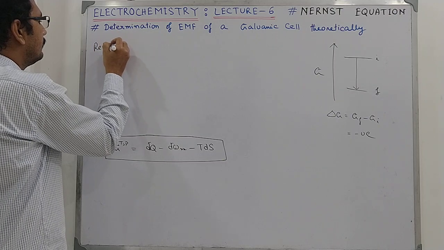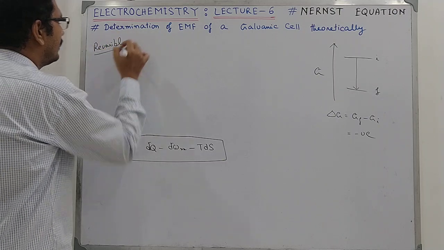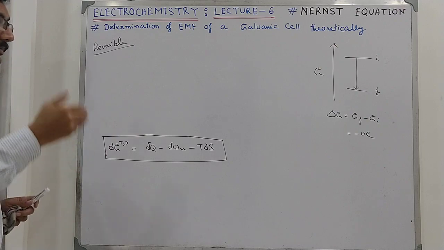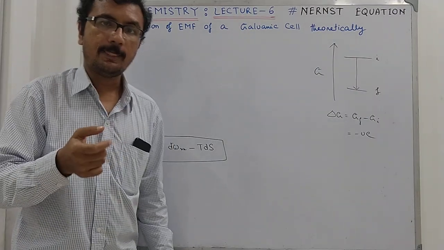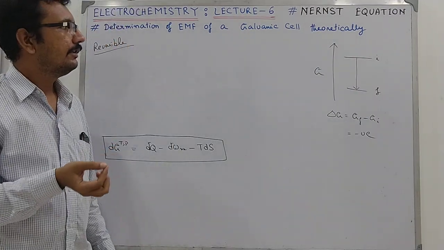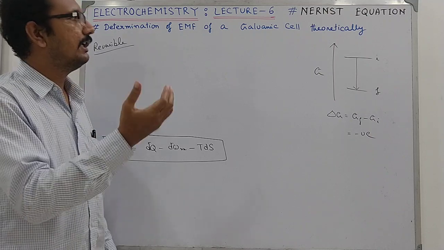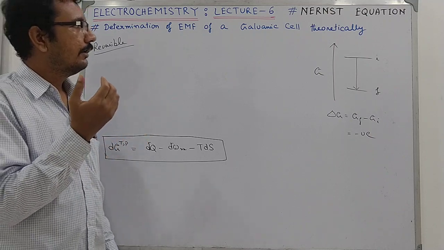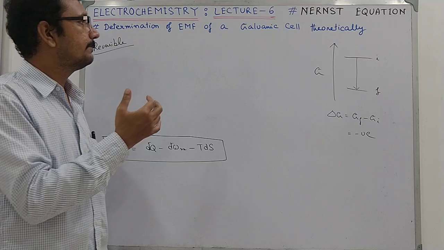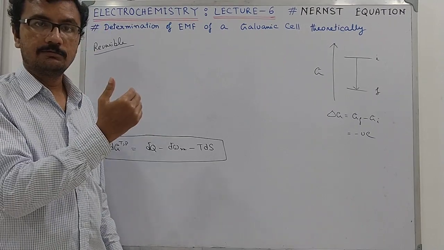If the current is drawn reversibly, it means you are switching on and switching off, and you are not continuing the current being drawn for a long time.